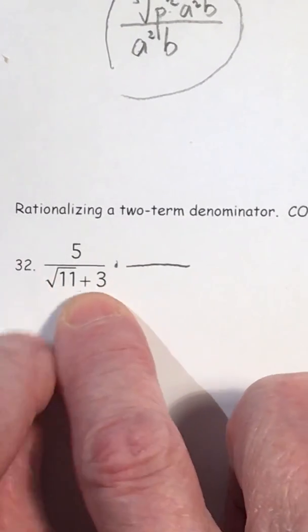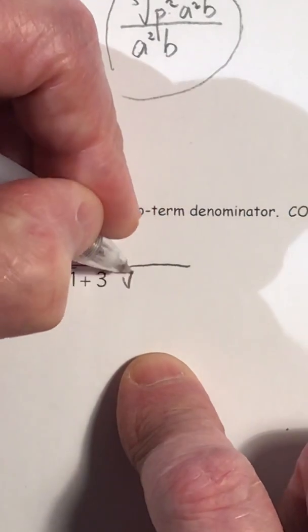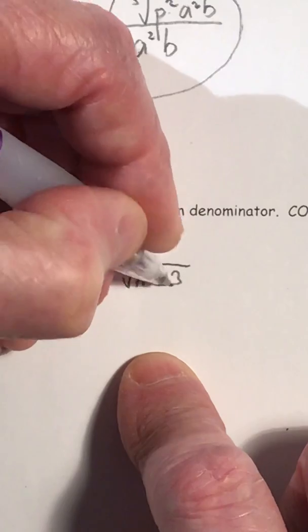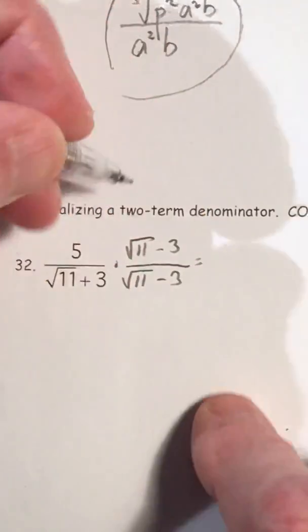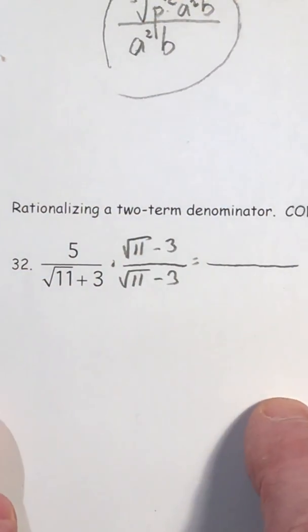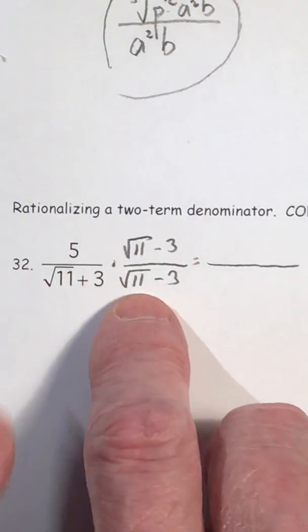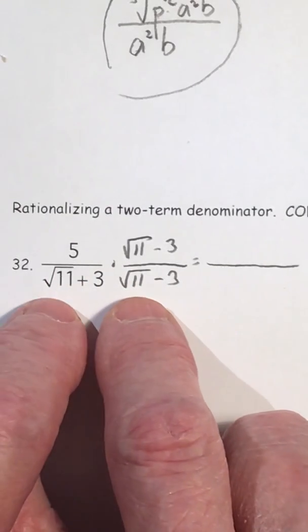What's the conjugate for root 11 plus 3? Just change the sign in the middle, root 11 minus 3. Multiply the top and bottom by root 11 minus 3. And for multiplying out the denominator, feel free to do the FOIL thing if you want, but remember what we did a few pages ago.